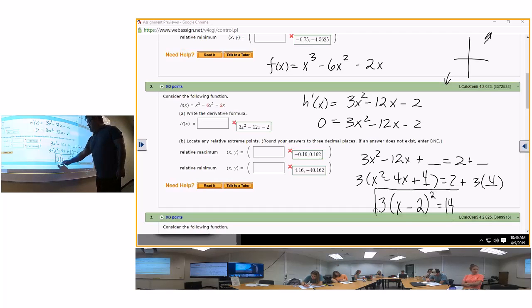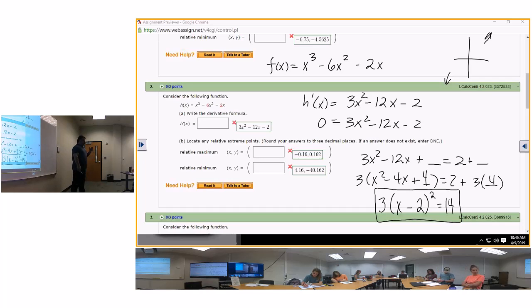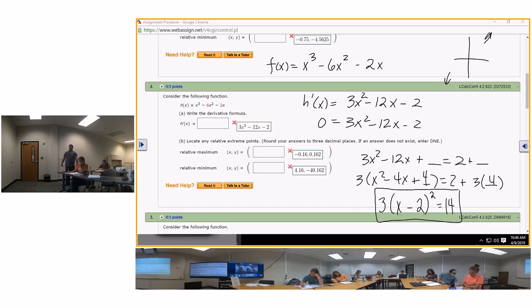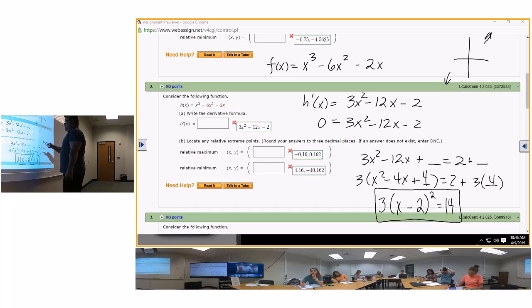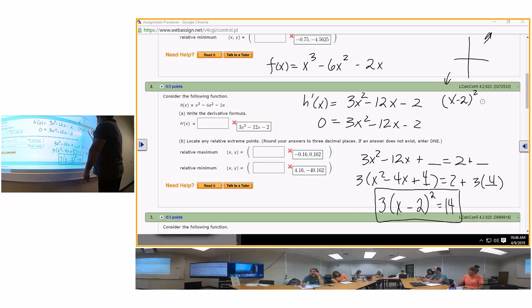Now, solve this for x, because that's what you need. That's your vertexes of the function. Solve them for x. So x minus 2 quantity squared is equal to 14/3.